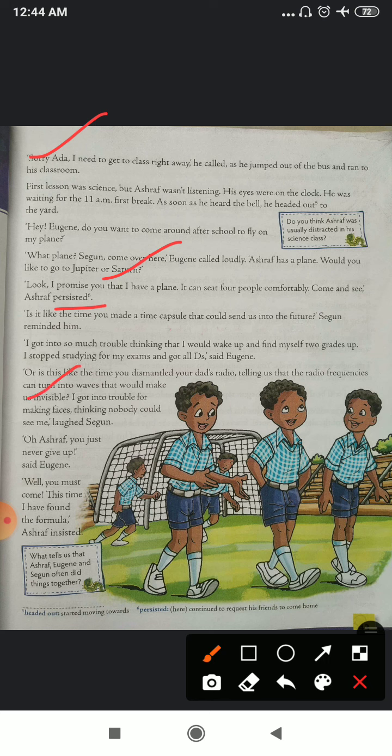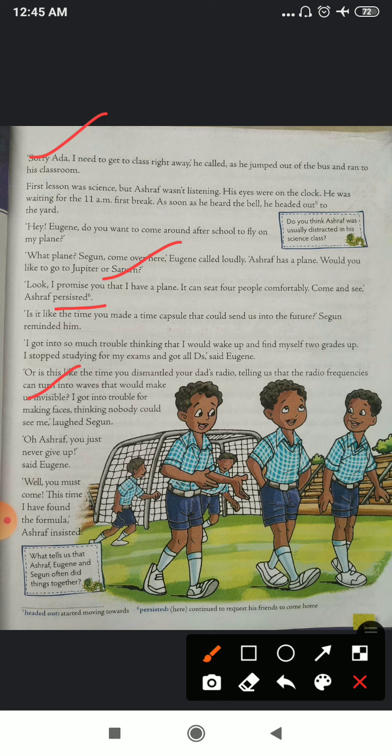Then what happened next? Sigan said, "Do you remember that once you told us that you had just dismantled, meaning broken, your dad's radio, and you told us that the frequencies of radios or the waves can turn us invisible?" Invisible means we cannot be seen by others, right?